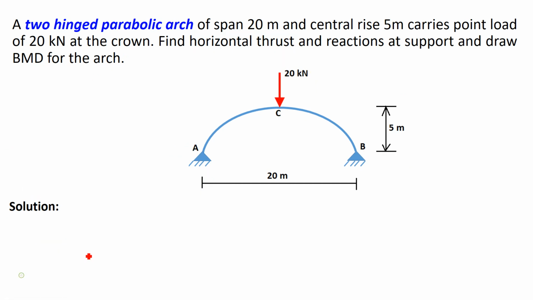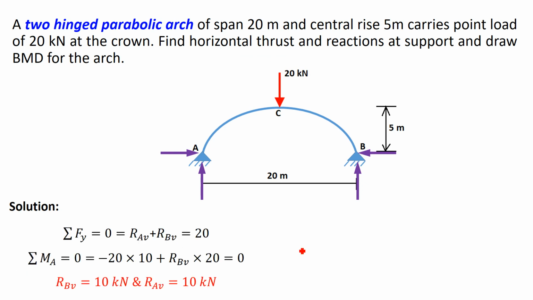So we will start with the first step, which is to calculate the reactions. This is H, the horizontal thrust, and these two are RAV and RBV, the vertical reactions. Using the fundamental equations of equilibrium, summation of Fy equal to 0 and summation of moment equal to 0.